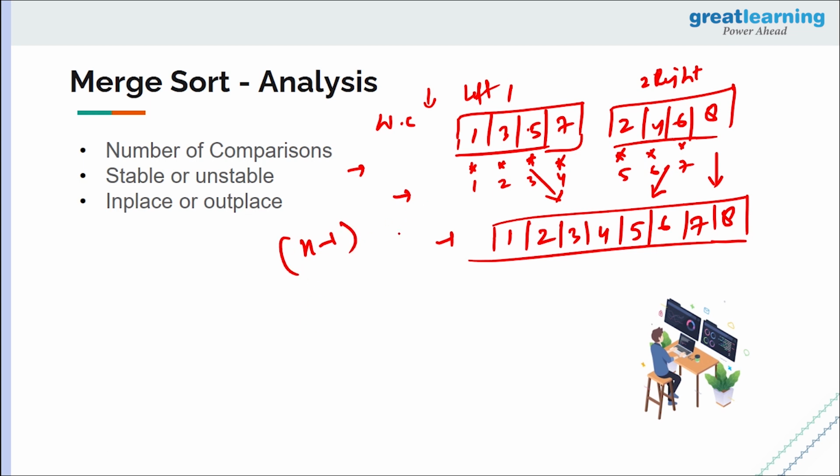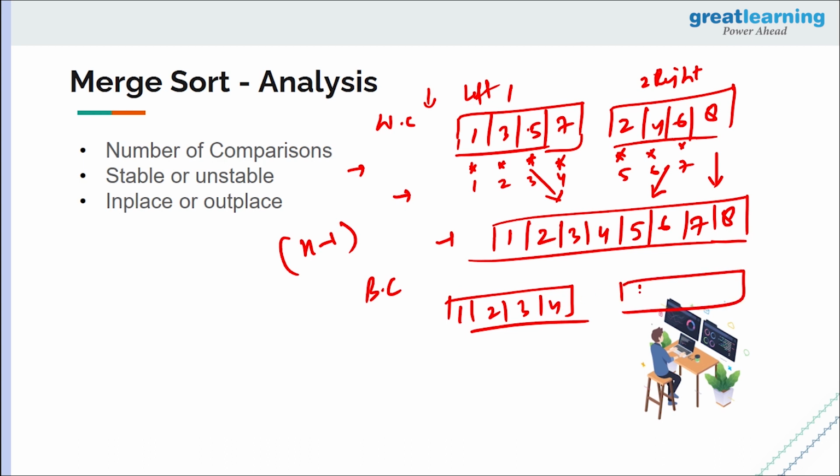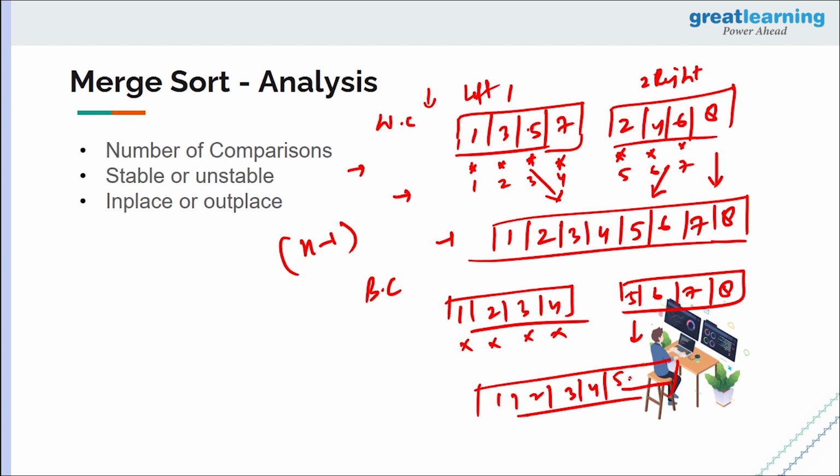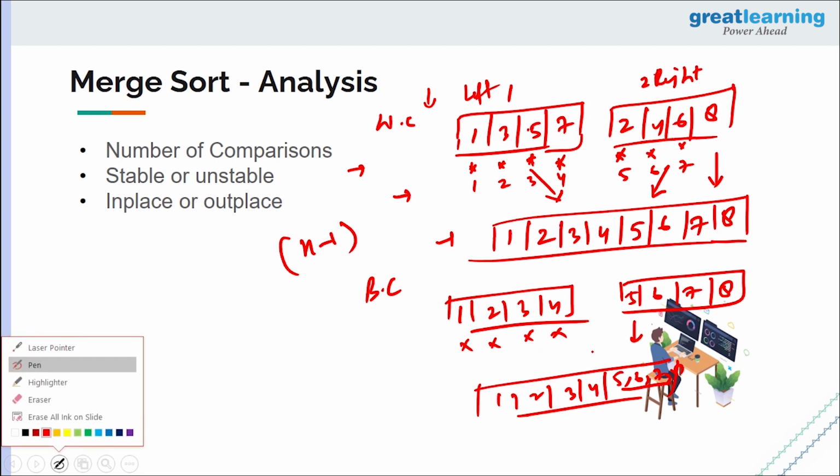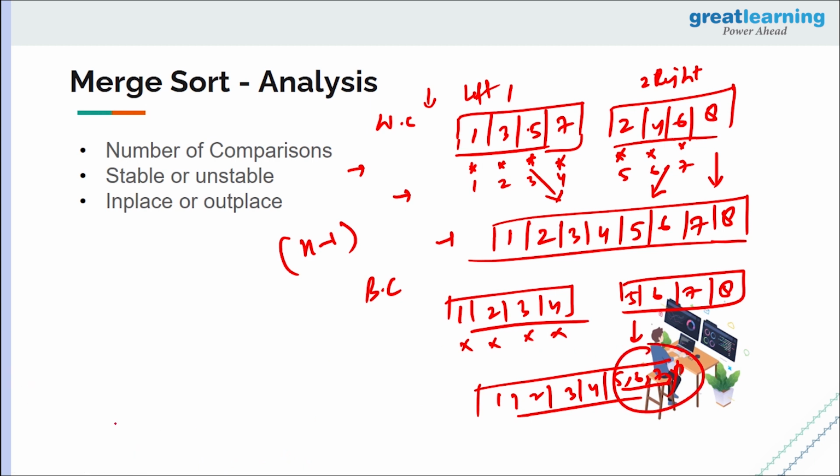Okay, now if we would have the best case scenario wherein this array is sorted, 1, 2, 3, 4, and then 5, 6, 7 and 8. In this case, this would have been compared, this would have been compared, this would have been compared, and we have 1, 2, 3 in this array, and the rest of the elements would have been directly inserted, 5, 6, 7 and 8. Let me just write it somewhere else, as this might not be visible to you guys.